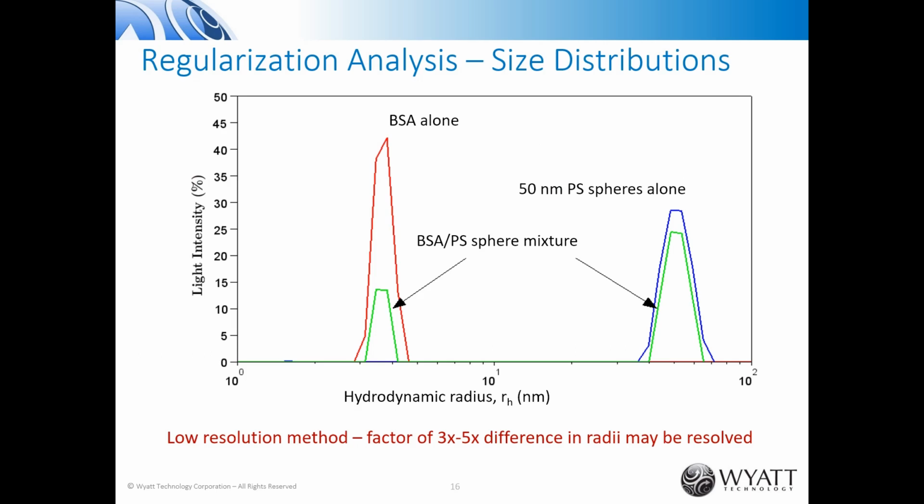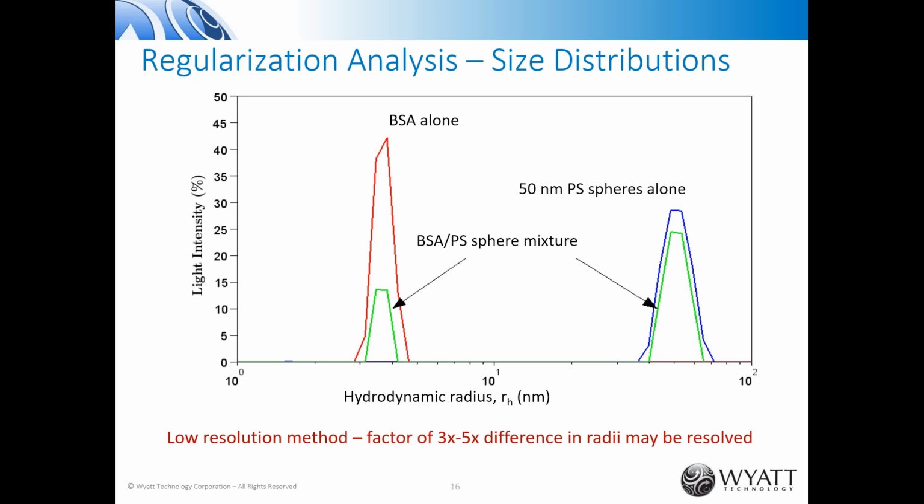So here, with the regularization analysis of the size distributions for BSA, the BSA alone is the red peak, and you can see it has a nice narrow peak. The 50 nanometer latex spheres is a slightly wider size distribution, and it's also much bigger.